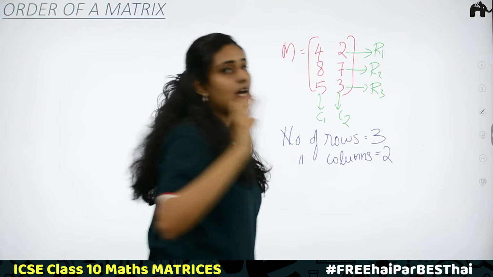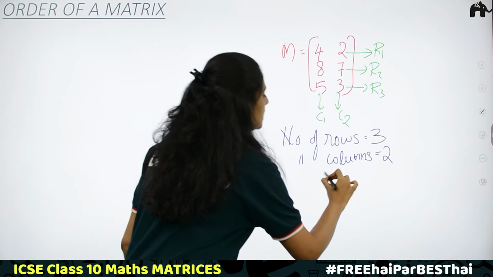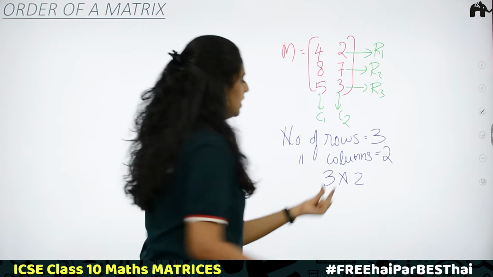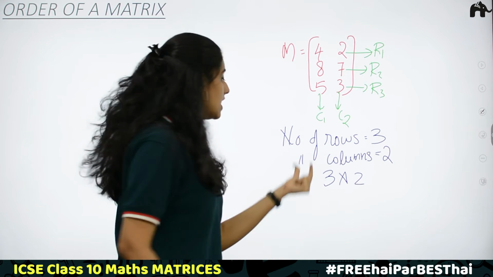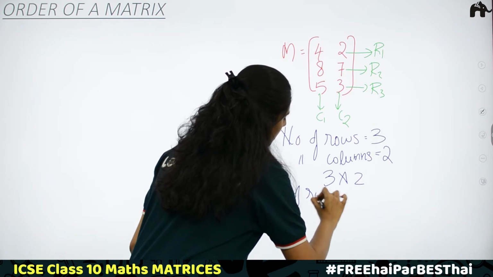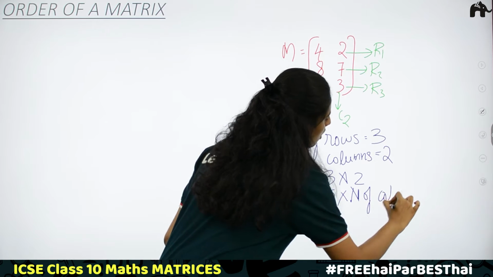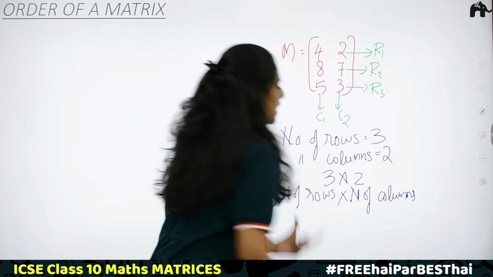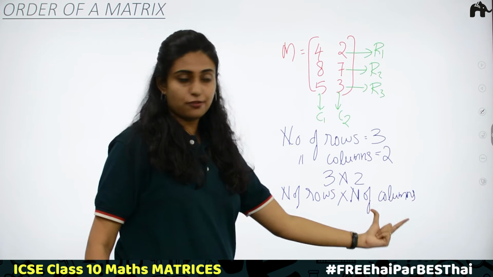Okay. The order of the matrix is represented as 3 by 2. Here this cross mark represents by. 3 by 2. That is number of rows by number of columns. Number of rows by number of columns. This is the order of a matrix.